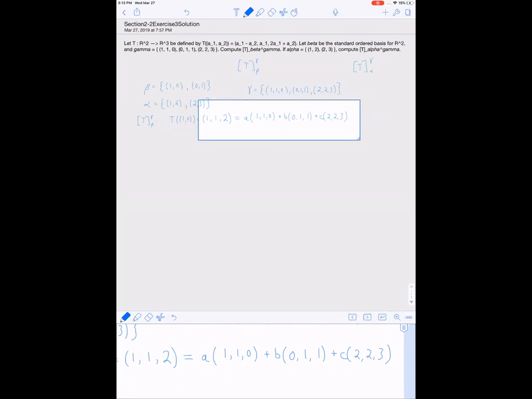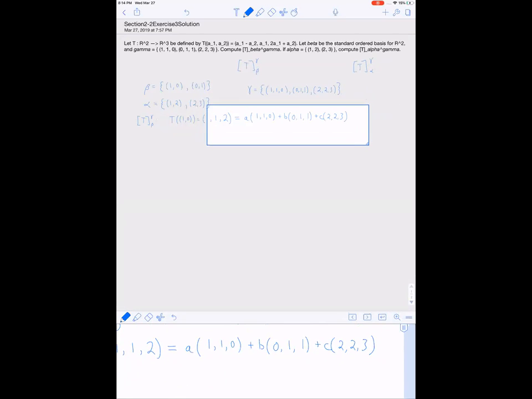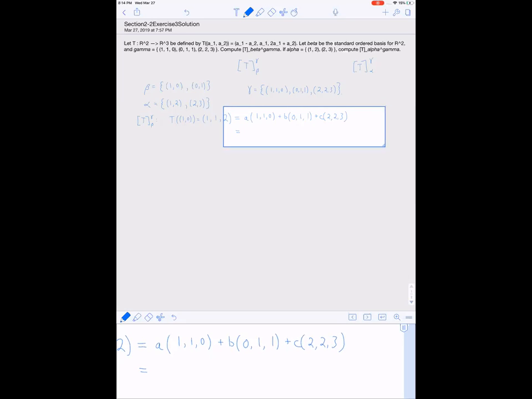So here, it's not so clear by inspection what those coefficients A, B, and C should be. So we're going to have to solve a system of linear equations in order to figure out the values of these coefficients. So let's see, what does it mean to say that (1, 1, 2) is equal to A times that first vector plus B times that second vector plus C times the third vector?